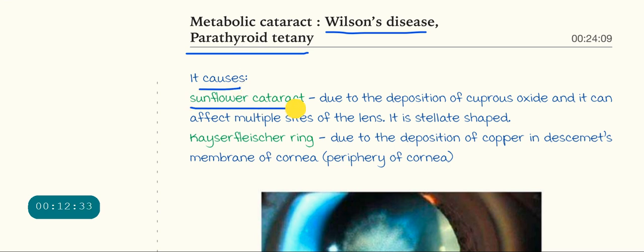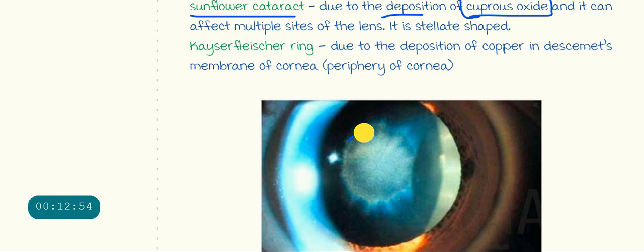In sunflower cataract there is a deposition of cuprous oxide. A very important point: the cuprous oxide gets deposited in such a manner that the appearance is like a sunflower. This is the image. You can clearly see a sunflower and fine dots in between. So totally a sunflower appearance.